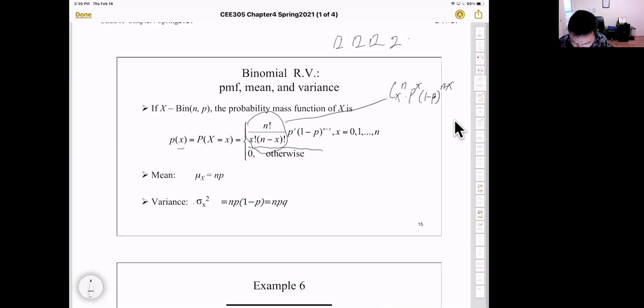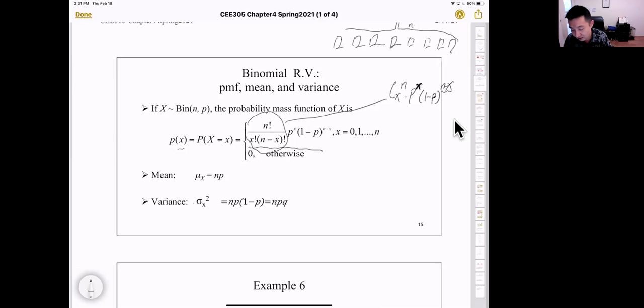If we have n trials, the total number is n, and the number of successes is x. Then n minus x items will be failures. The first step is we pick x from these n samples. This is C(n, x) because in that case the order does not matter.